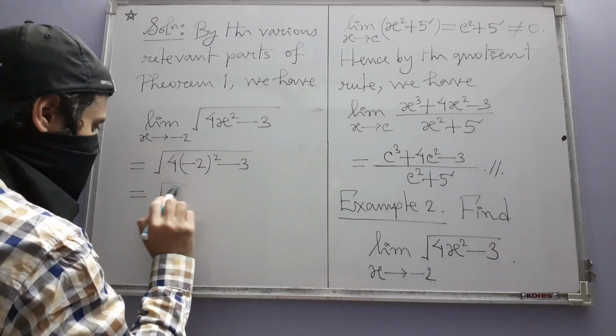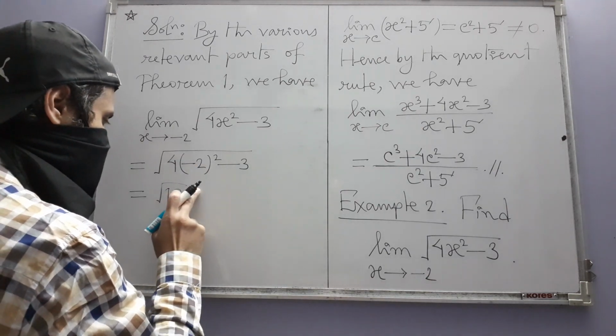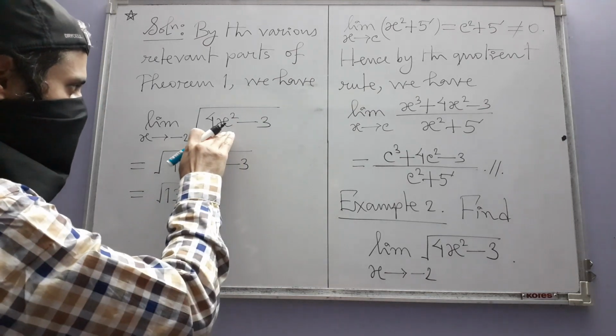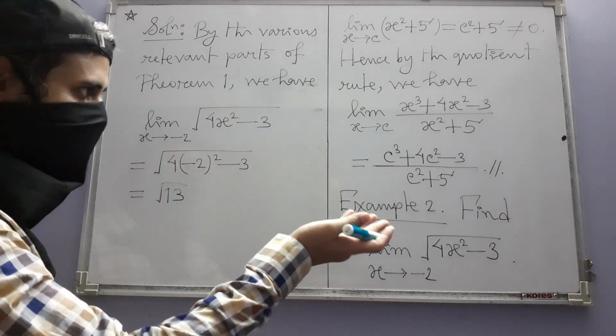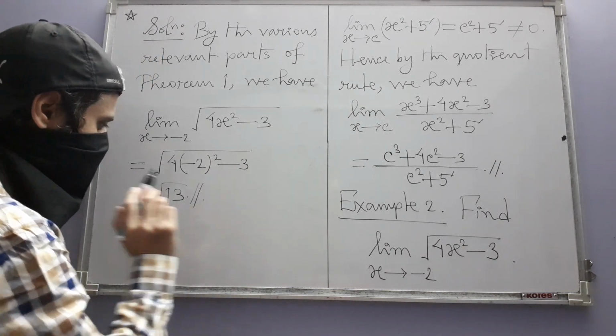So square root of 13. So this L to the power n over m in this case is square root of 13, which is a real number. And that's why we have been able to apply rule 6 in the first place. Okay, so this is the answer.